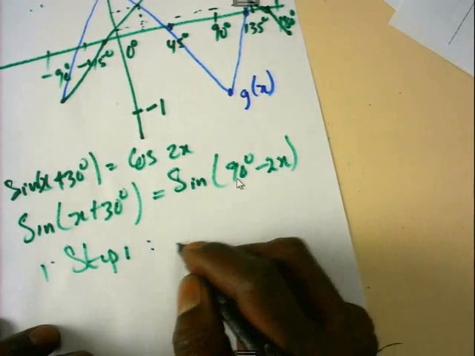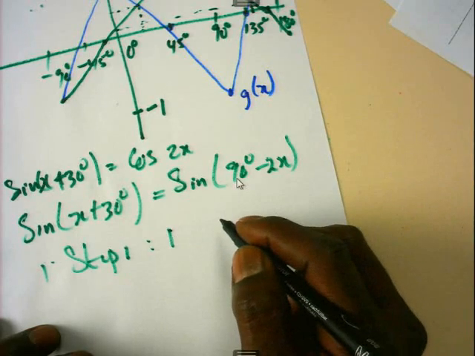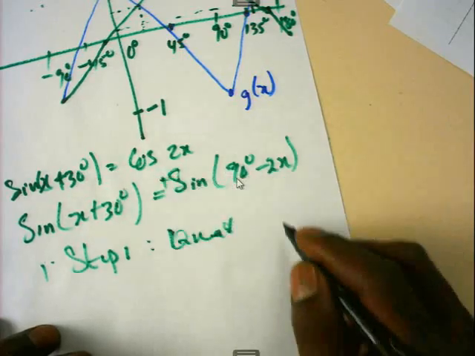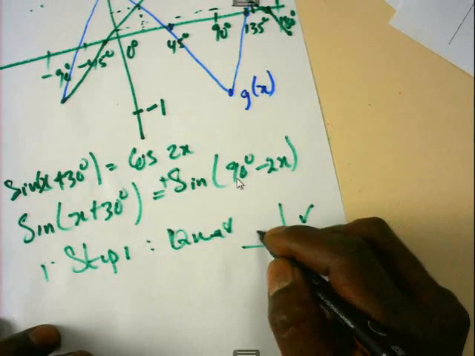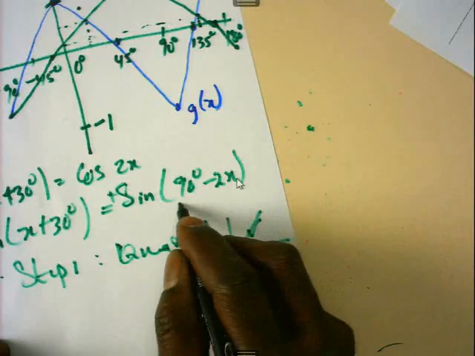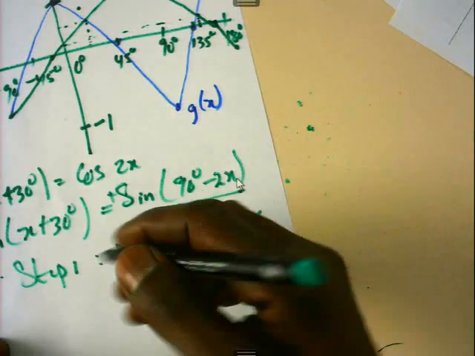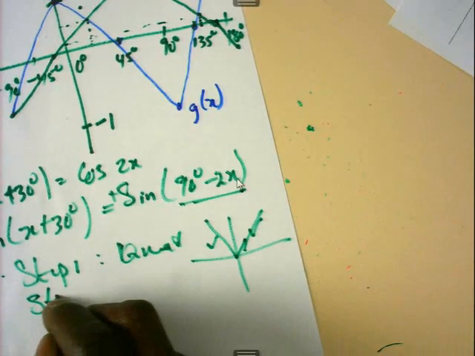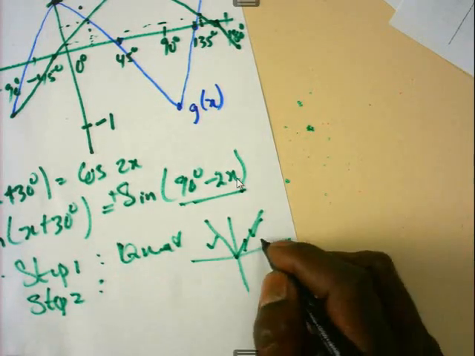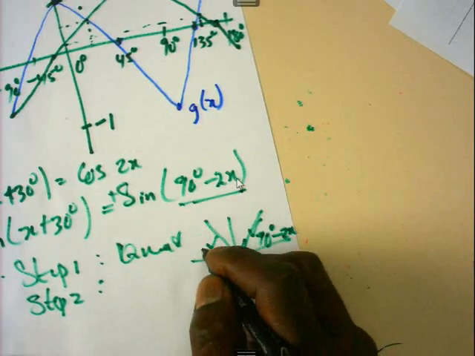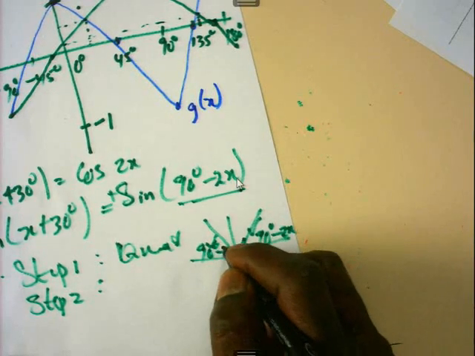Step 1, the quadrant: sine is positive in the first and the second quadrant. Because we've got x there, we are not going to calculate the reference angle, which will be step 2. We are just going to write the reference angle as 90 degrees minus 2x.